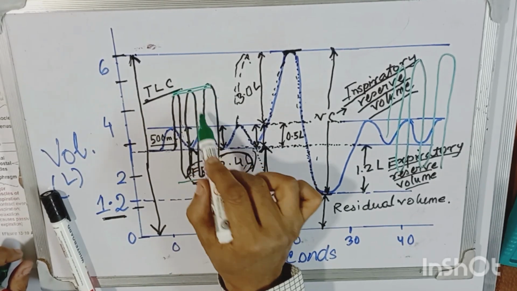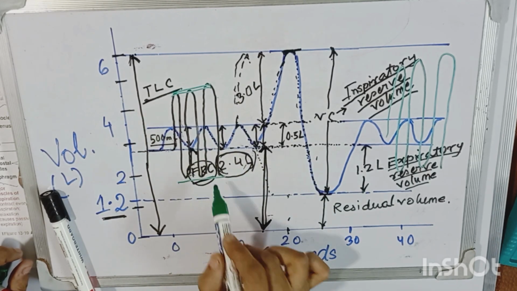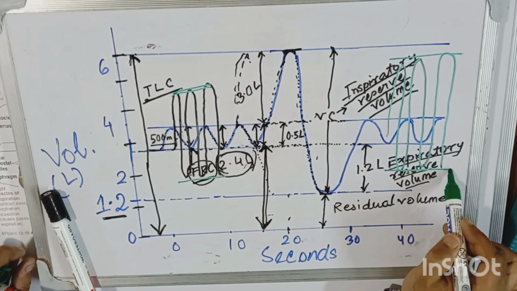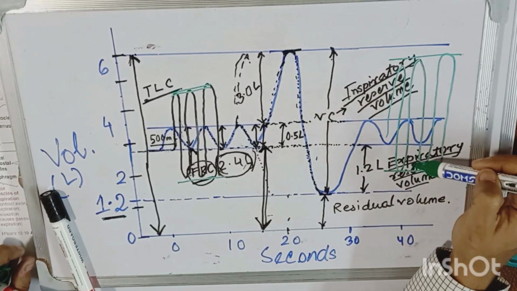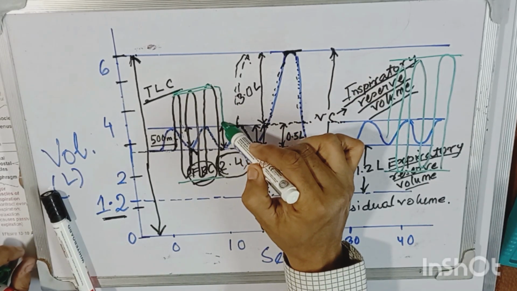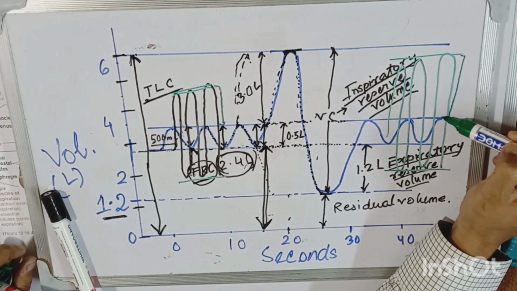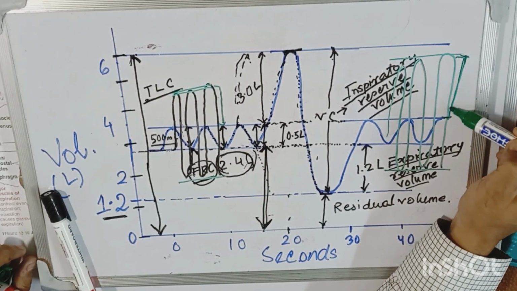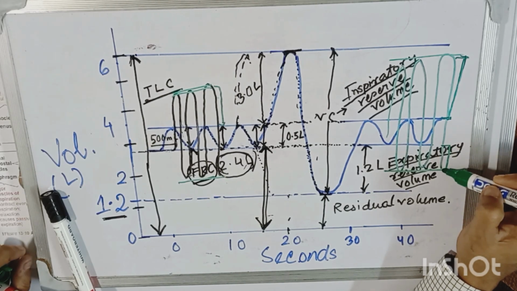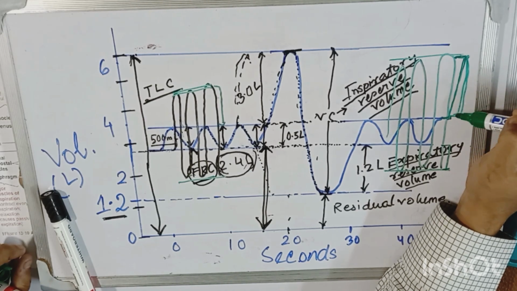I have used up a certain volume of inspiratory reserve volume and a certain volume of expiratory reserve volume. This is also an increase of depth of respiration, the volume has increased. I have used up much greater fractions of the inspiratory reserve volume, and a lower fraction of the expiratory reserve volume.